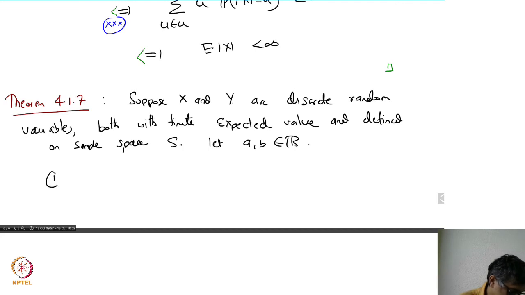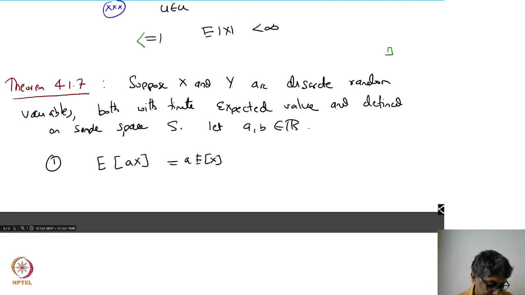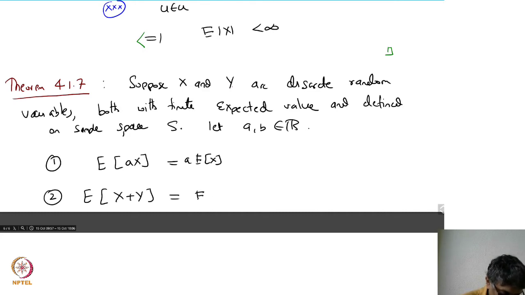First thing is, if I take the expected value of the random variable A times X, that just gives me A times EX. The second thing is E of X plus Y will give me E of X plus E of Y. So the expectation is linear.